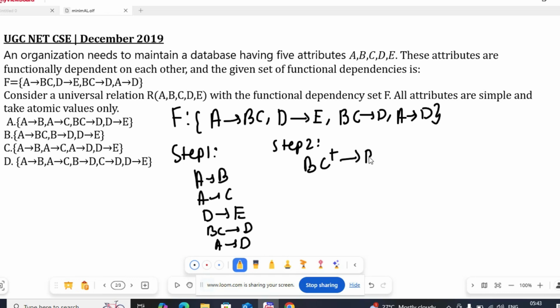As per the reflexive property, we will get BC, but other than BC we will not get anything, because here we need A. So it's not possible to get D from the closure of BC. So there is no extraneous attribute present in the given functional dependencies, and it will be the same one.